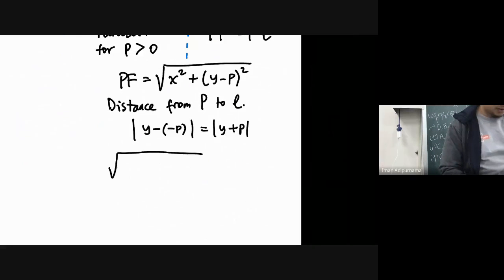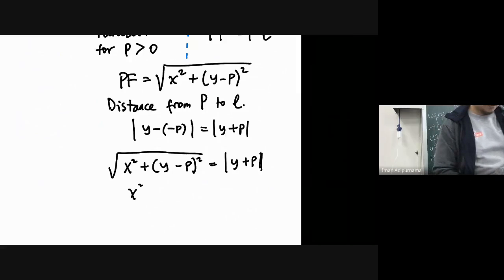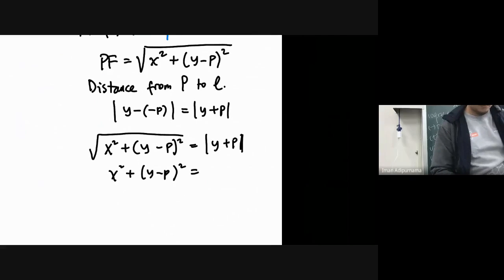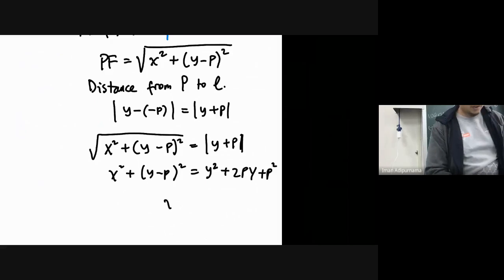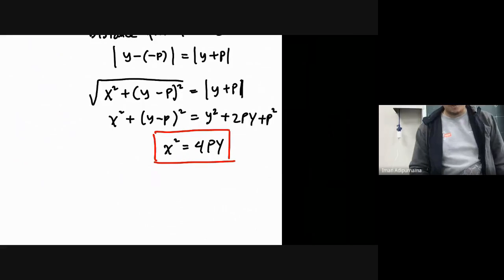So the distance PF, this is just reviewing yesterday, is x squared plus y squared plus 2by plus b squared. And then solve this, and we can see that x squared is 4by. So the expression for the parabola becomes x squared equals 4by.